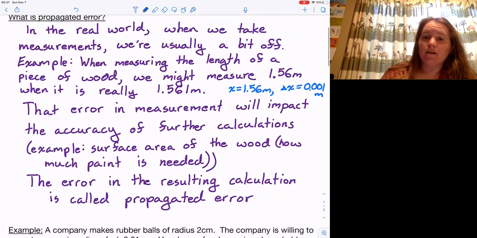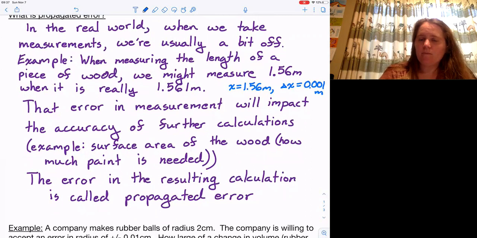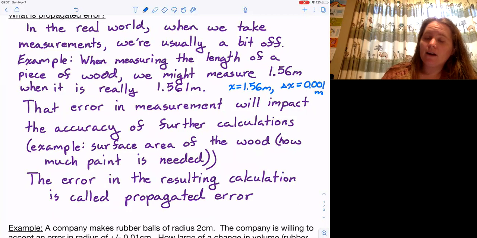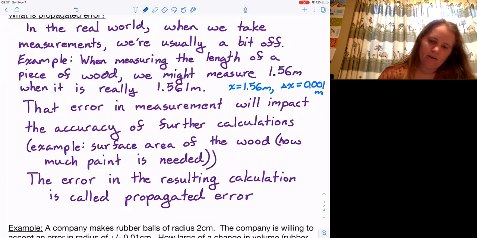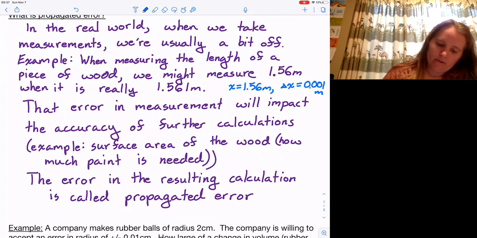And then the error in measurement here, if surface area is our y, right, then the error would be our change in y.